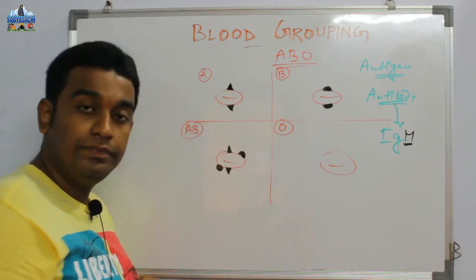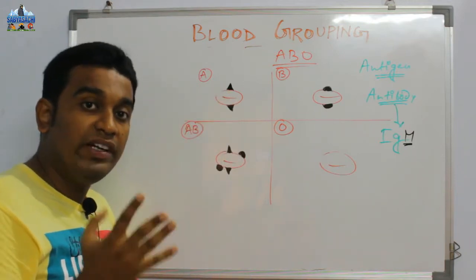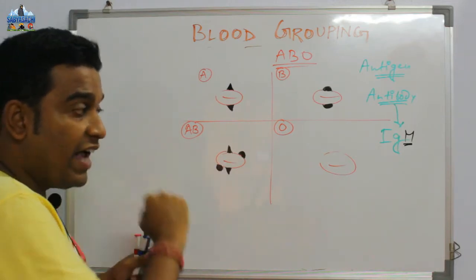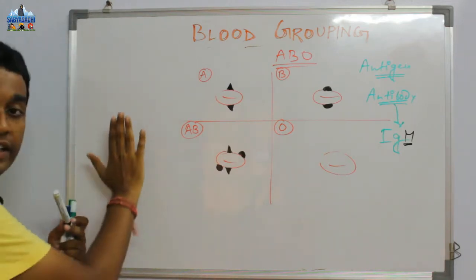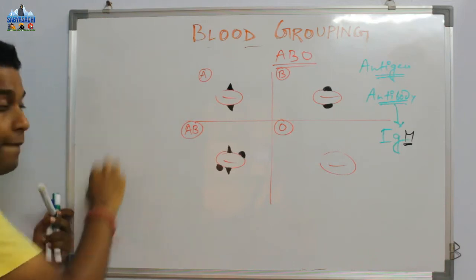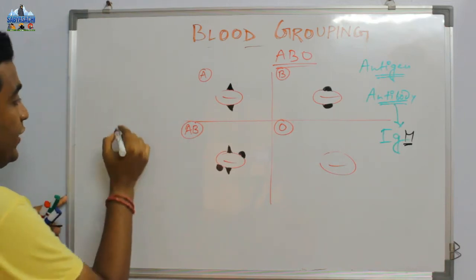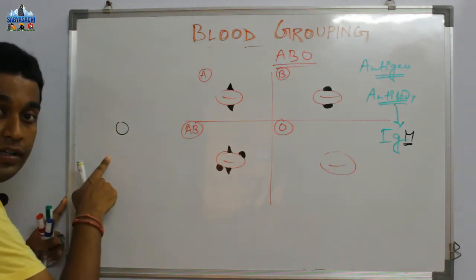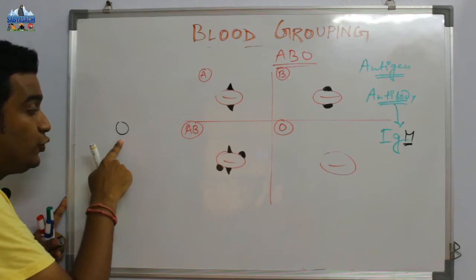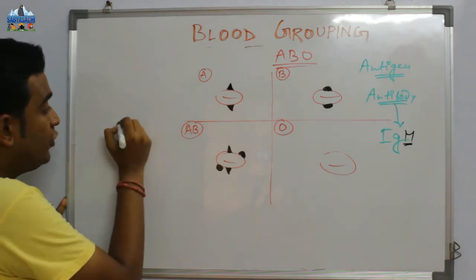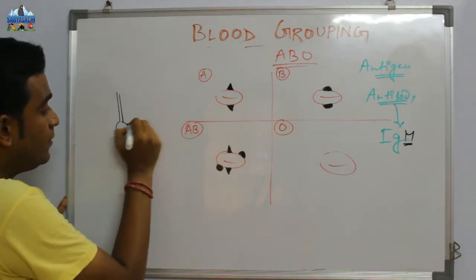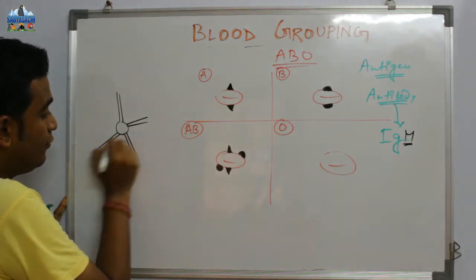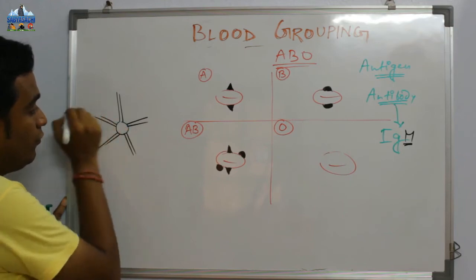Now let's focus here. And let me tell you, how does this IgM look? They look like this. I hope this is visible to you, this part. Yeah. Now let's see how it looks. If this is an antibody, it will have 5 units, 1, 2, 3, 4, 5.